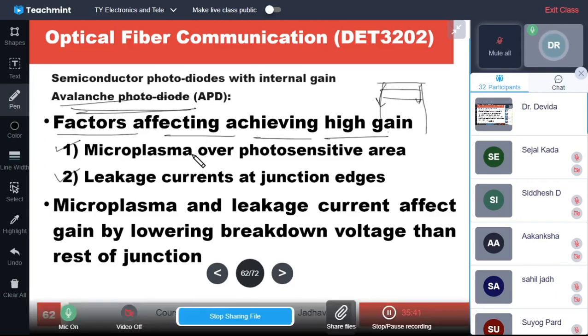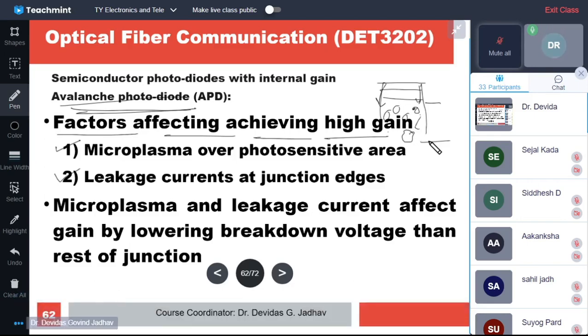And the microplasma is created in the photosensitive area. So the photosensitive area is probably the intrinsic region. There is a microplasma, a small area where plasma is created. So this microplasma, a very small region of plasma, is created over the photosensitive area.